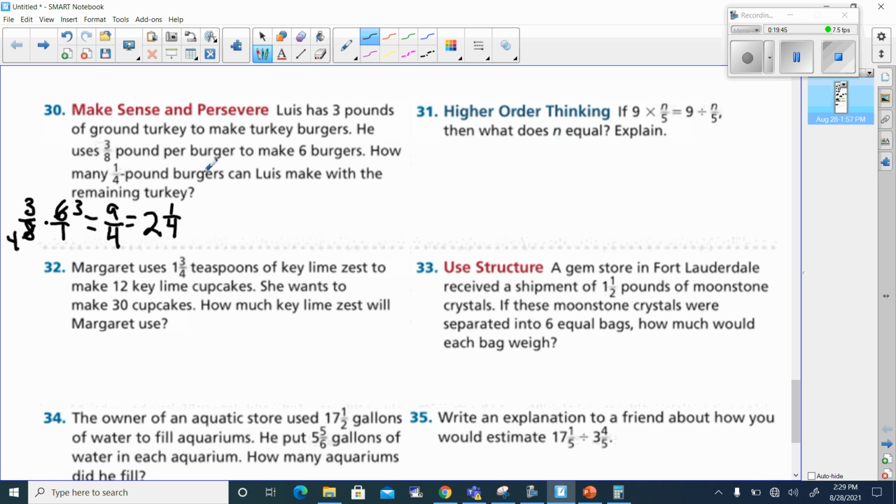Now, it says how many 1/4 pound burgers are left? Well, if you use 2 1/4 pound, we have to subtract 3 minus 2 1/4. This is pretty easy. We know that 3 minus 2 1/4 is going to be 3/4.